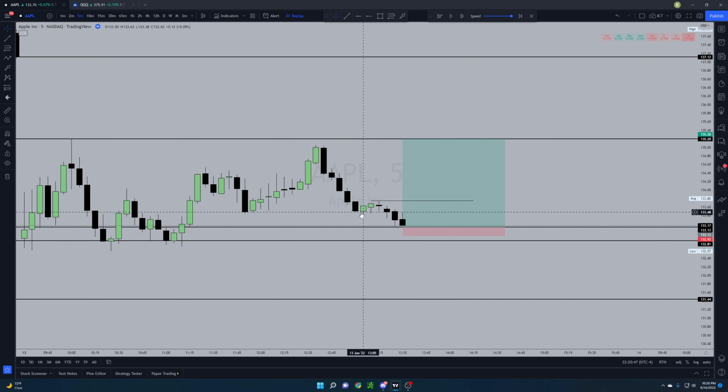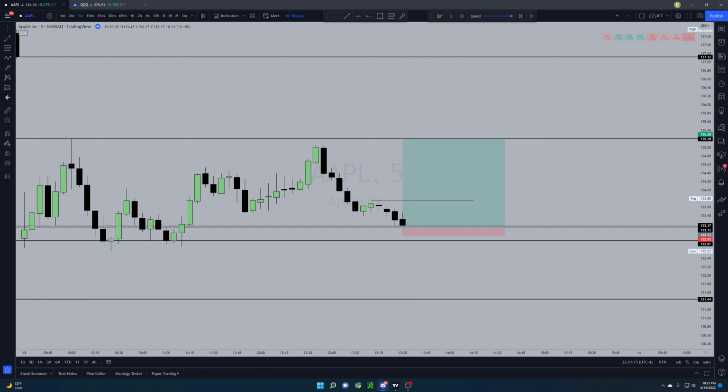Take partials whenever you want, right? We'll do partials at this high, partials at this high, and I'll keep some runners with a stop loss at break even, right? And as soon as you get a 5-minute close below, I'm stopped out. So what question is there in this trade that's not answered? Everything's answered, right? Nothing is left unanswered now.